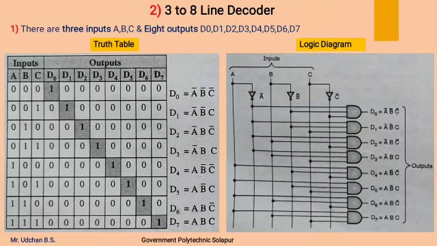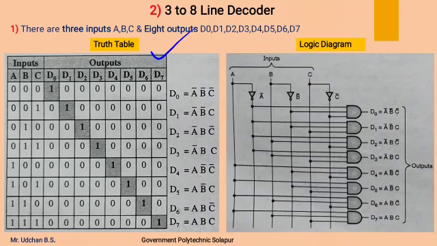The 3 inputs are A, B and C, and the 8 outputs are D0, D1, D2, D3, D4, D5, D6, D7. Similarly, the truth table is the same if we compare it with the 2 to 4 line decoder.